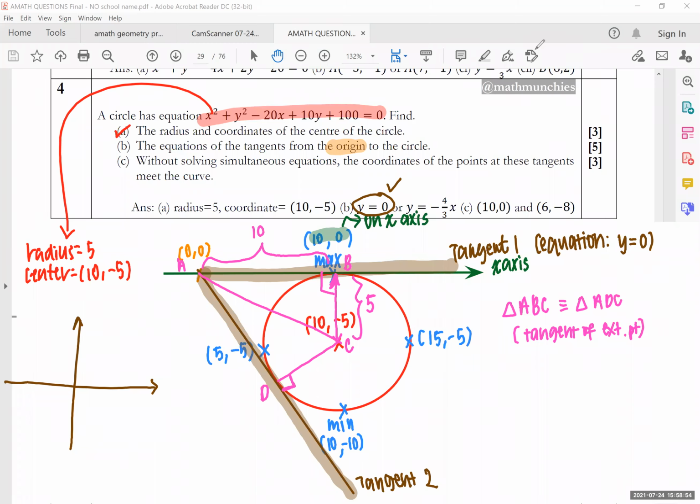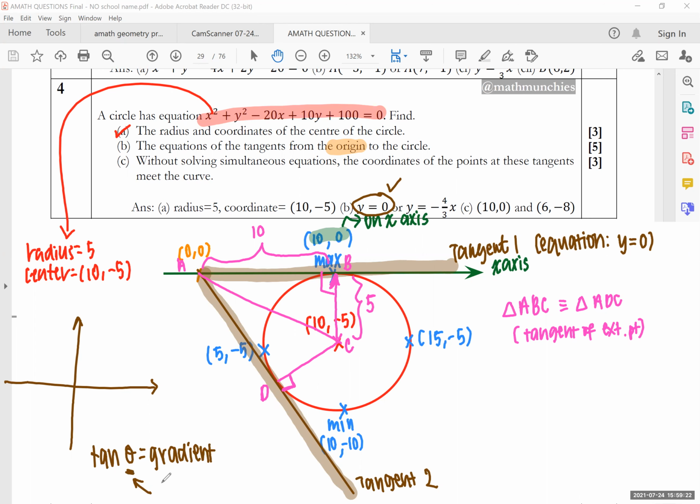Tangent theta is the gradient. Did I tell you that? The concept is that tangent theta will give me my gradient. So what is the theta that was in your notes? Theta is from the positive x-axis to the diagonal line.